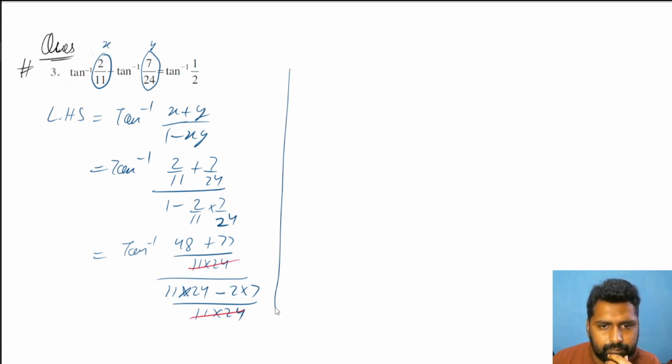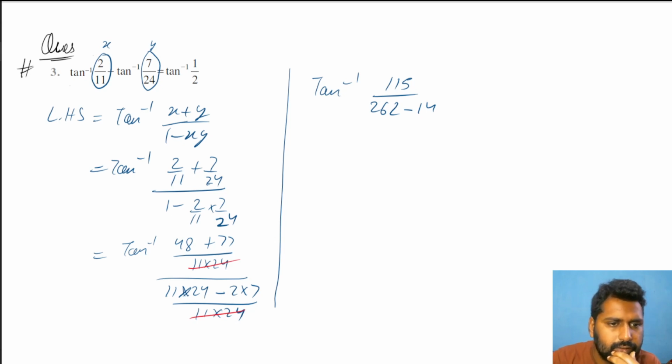So effectively that becomes tan inverse, 77 plus 48, 125, upon 24 into 11 minus 14.